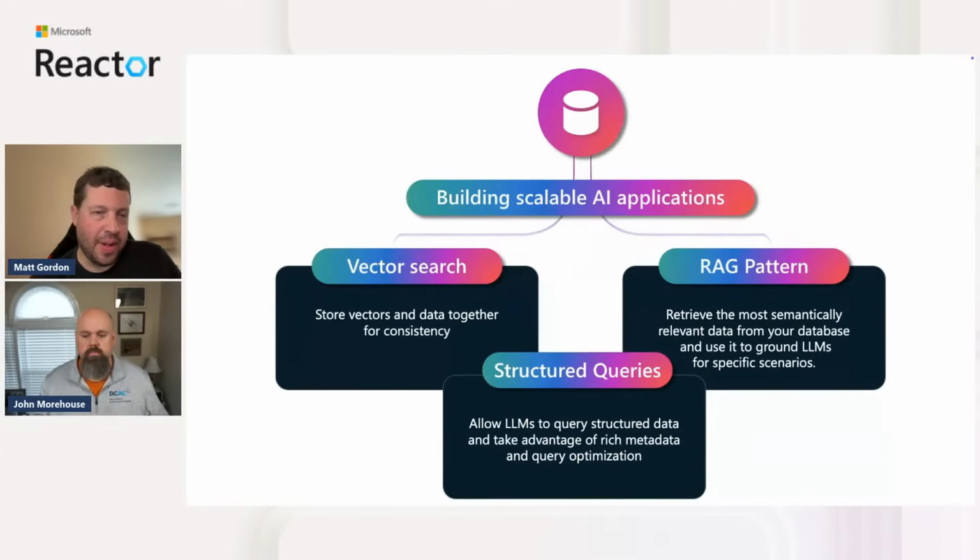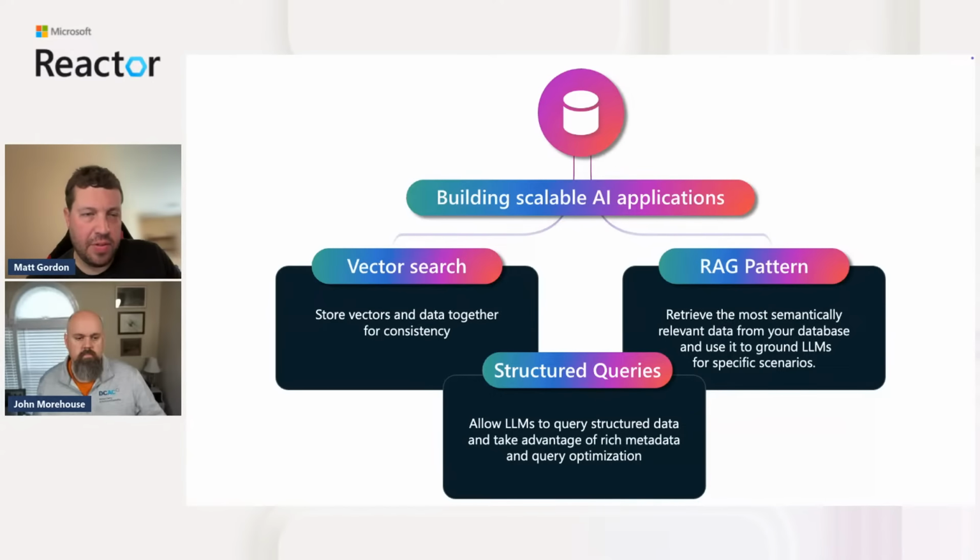The first, well, these really aren't in order, so we'll just go left to right. We can talk about vector search, which is really just adding the ability to search vectors along with the data queries we've known and loved for years and years and years. That's one pattern you'll see. It's certainly something we're going to talk about here in a bit.